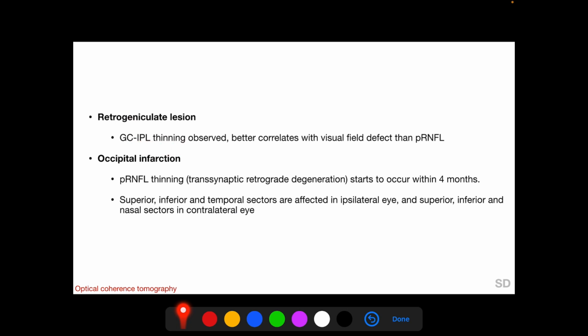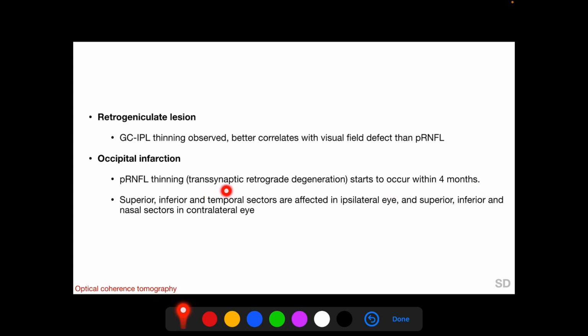In retrogeniculate lesion, we may find GCIPL thinning. This is because of a transsynaptic retrograde degeneration which can happen in occipital infarction also. And in retrogeniculate lesion, the GCIPL thinning has been found to better correlate with visual field defect than PRNFL. In occipital infarction, the PRNFL thinning starts to occur within 4 months.